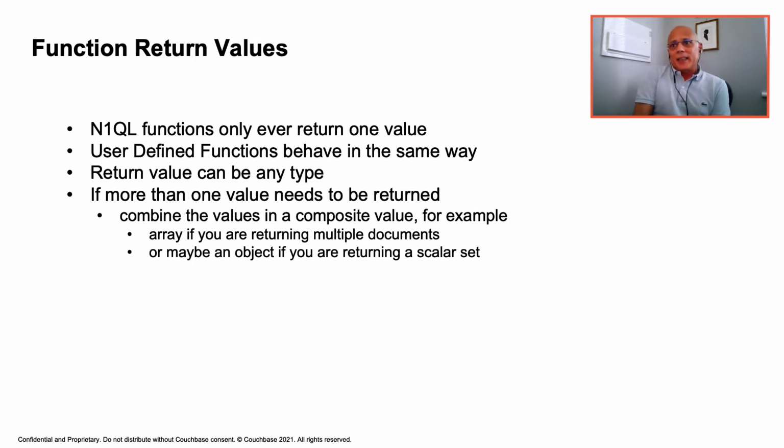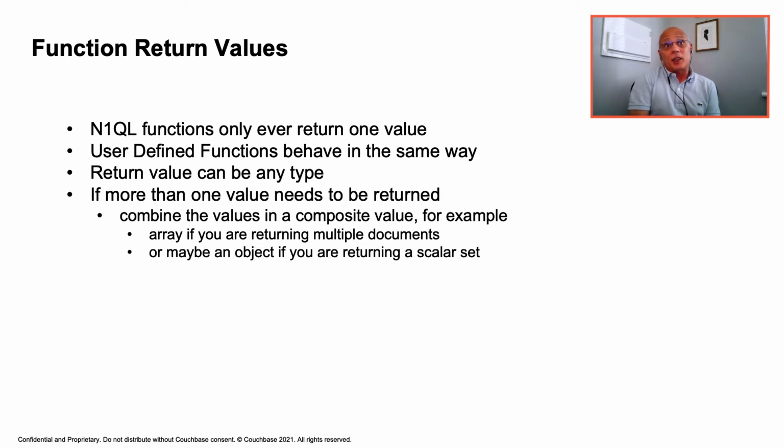The other thing that is important in functions is return values. Now, if you have a look at most database engines, they will allow you to create functions with multiple return values. In Nickel, you can only have one, which is consistent with the standard functions.